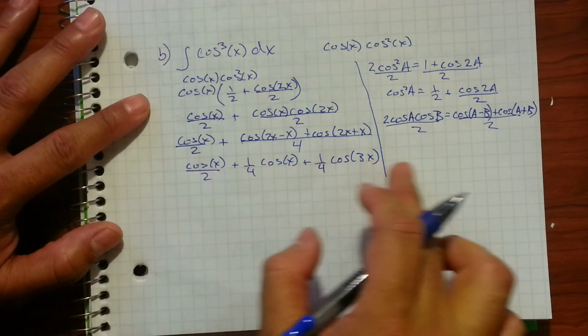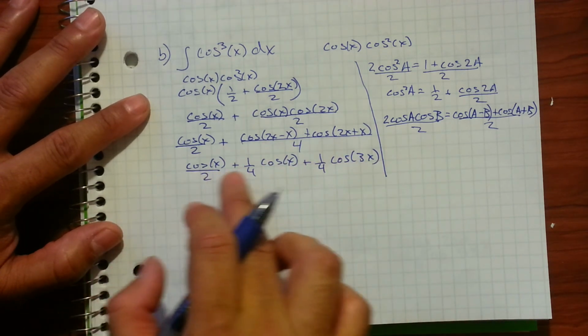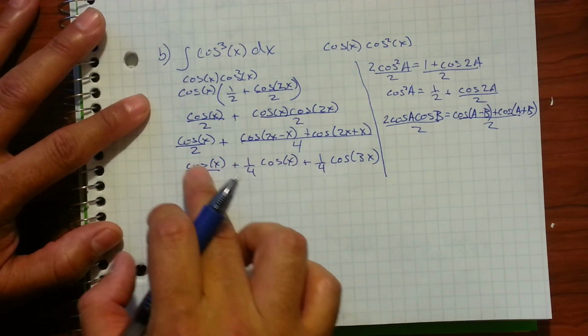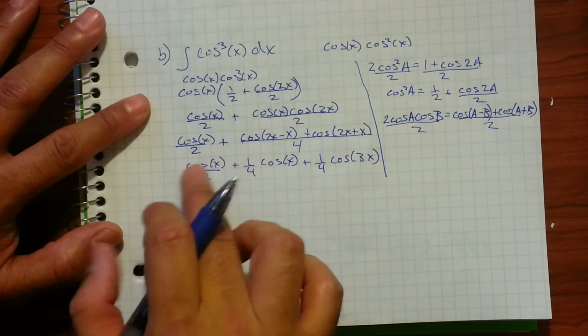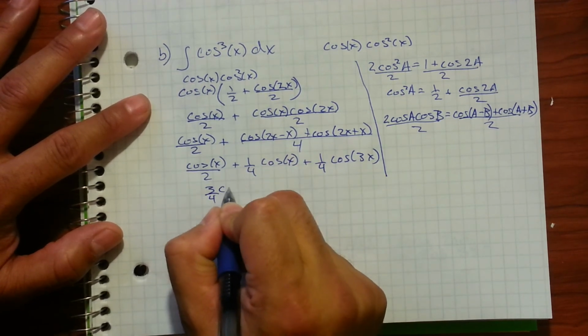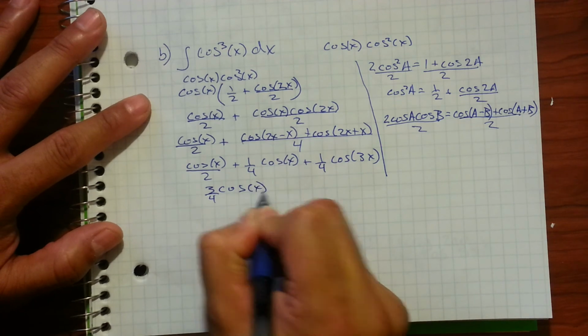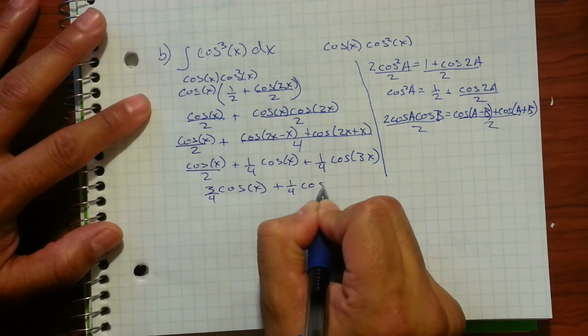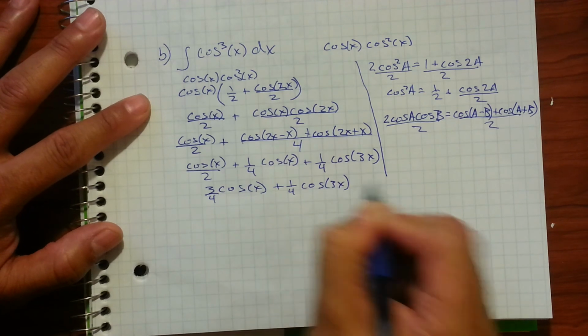Okay, so right here, let's look. I can do some combining of like terms because I have cosine x, cosine x. So together, since a common denominator would be 4, this is 3 over 4 cosine x plus 1 over 4 cosine of 3x.